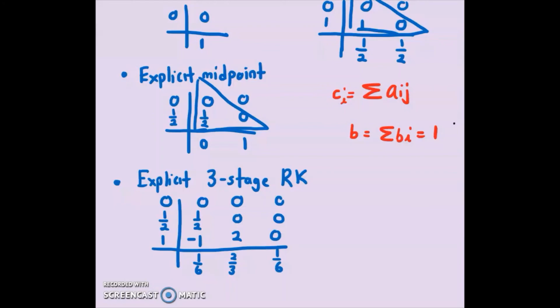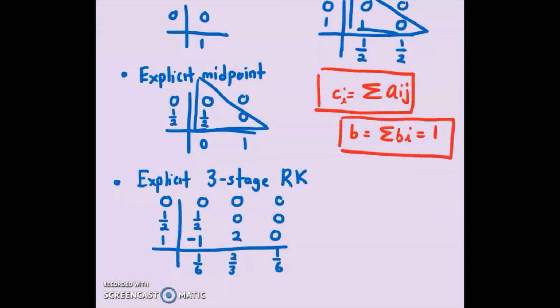There are only a few cases where the row sum condition and the sum of B do not give 1, but for most, 90% of these Butcher tableaus, the row sum condition holds, and so does the summation for the B.